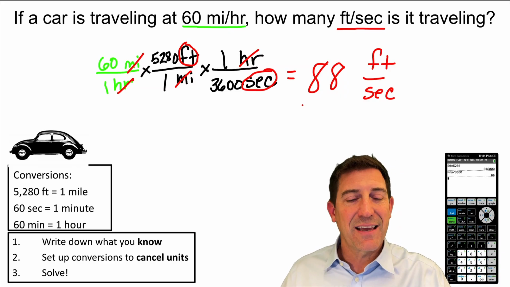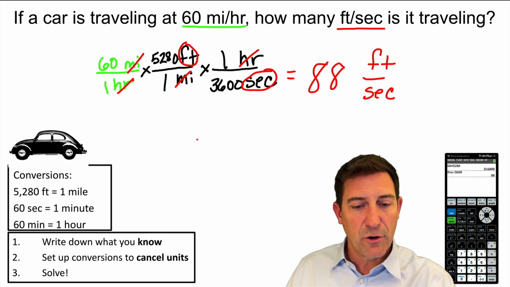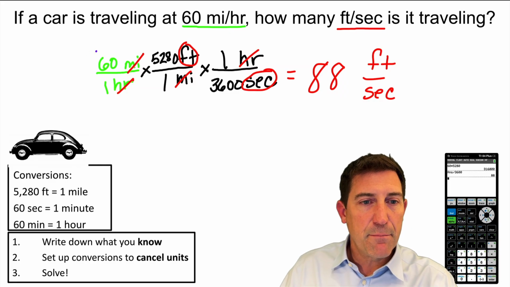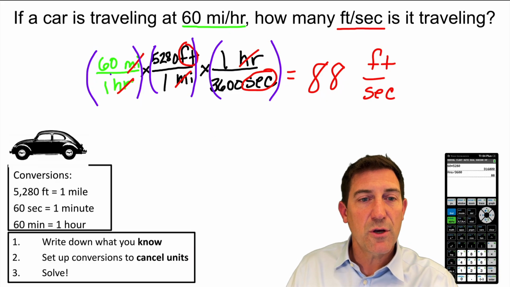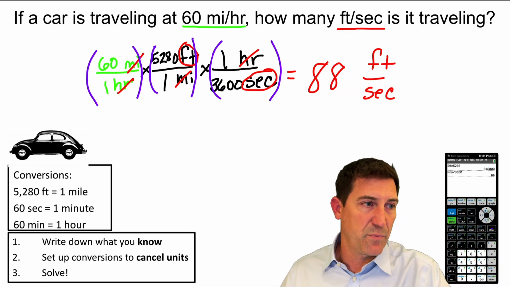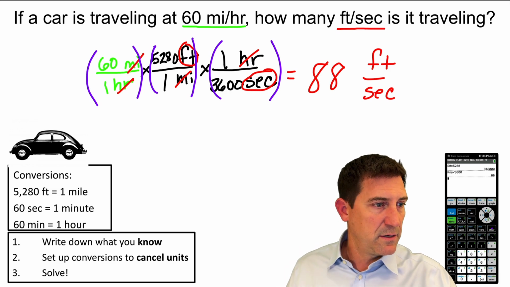Now let's go back to the calculator and let me show you something. If you're not comfortable with this or you haven't learned it this way, you can always take these and put them in parentheses and then put them into the calculator and you'll get the same answer as us. So let me show you how we would do this with the parentheses instead of breaking it up. It really depends on whatever your comfort level is.